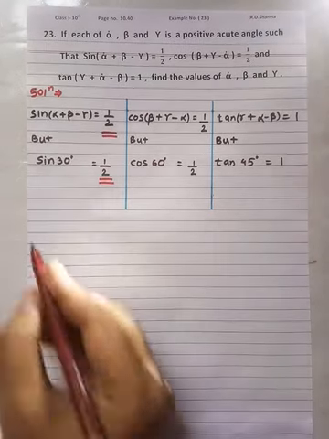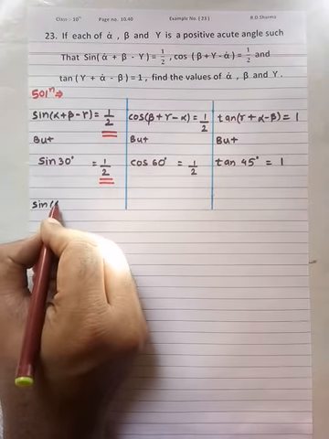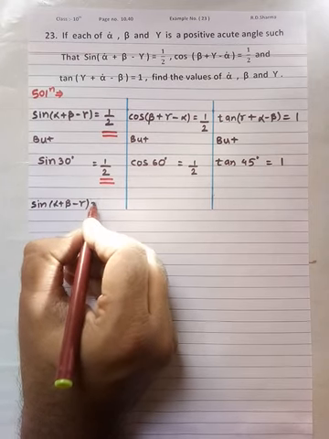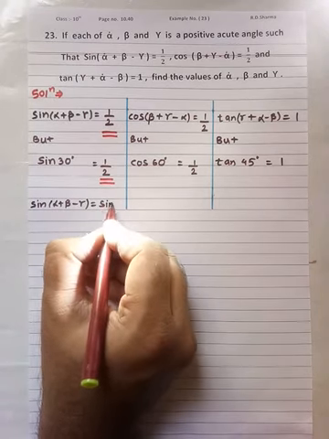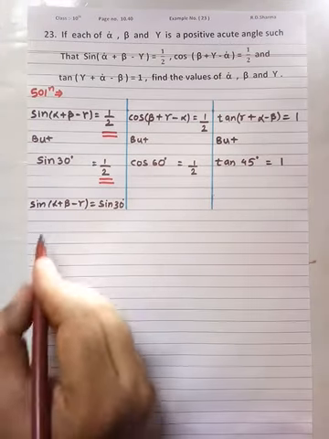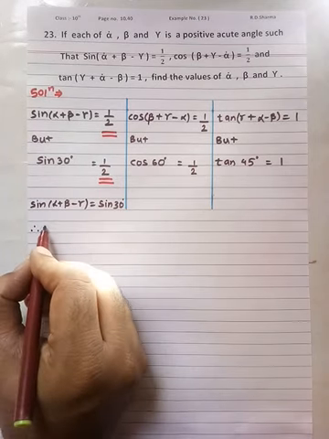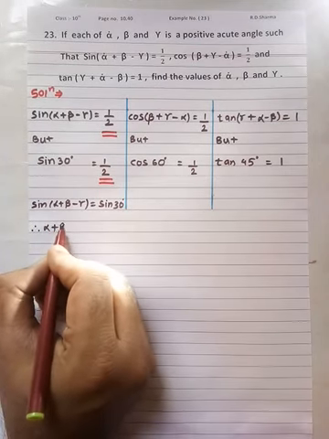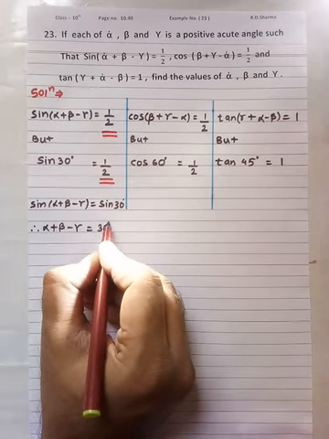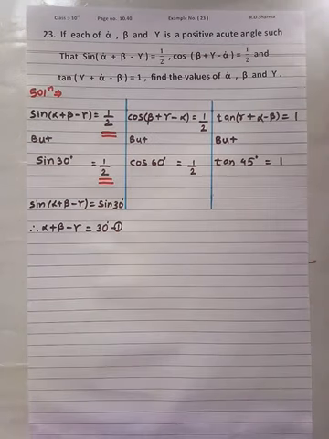The conclusion from 1 and 2 is sin(alpha plus beta minus gamma) is equal to sin 30 degrees. Here sine is on both sides, so comparing sine with sine, alpha plus beta minus gamma is equal to 30 degrees. Suppose this is the first equation.